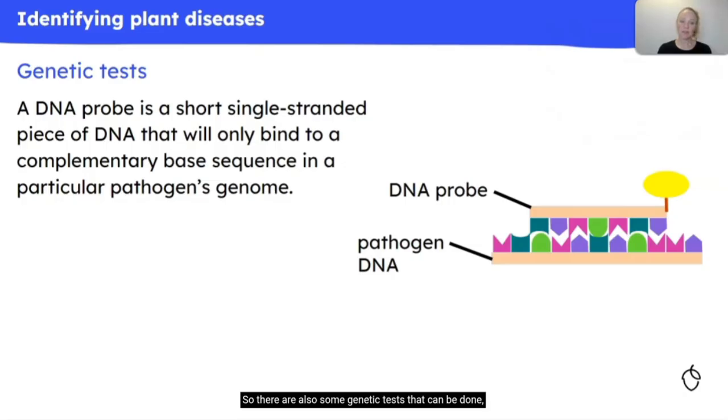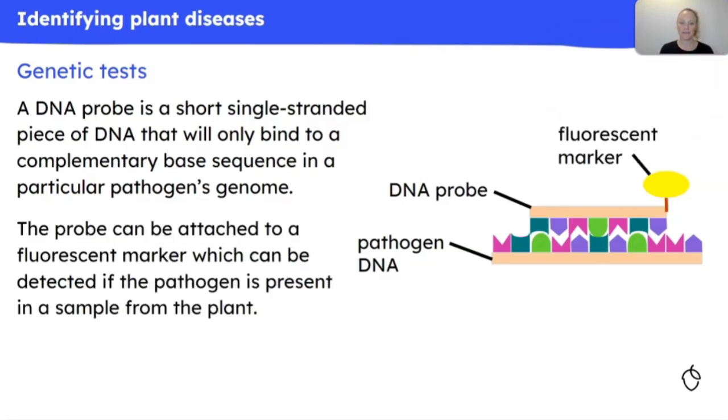So there are also some genetic tests that can be done, and a DNA probe can be used. Now, a DNA probe is a short single-stranded piece of DNA that will only bind to the complementary base sequence in a particular pathogen's genome. Remember, A binds with T and G binds with C. The probe can actually be attached to a fluorescent marker, which we can see there in the image, and that can be detected if the pathogen is present in a sample from the plant.